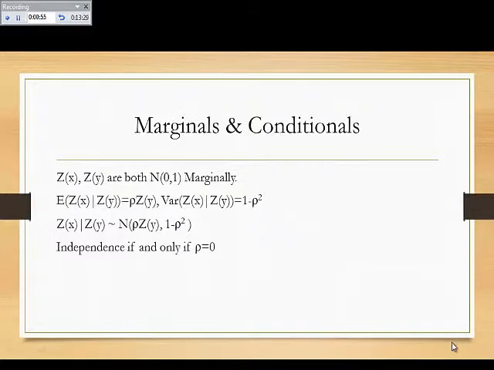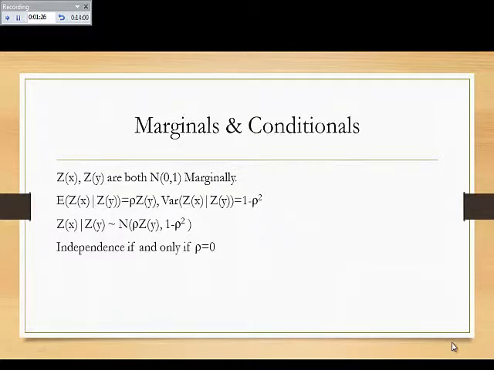And one very important feature of the normal distribution is what you would call homoscedasticity, because in general in the conditional distribution the mean will also be a function of what you're conditioning on, the value of y, and the variance will also be a function of the value of y. But in the normal distribution it has a very special property that the variance does not depend on the value of y.